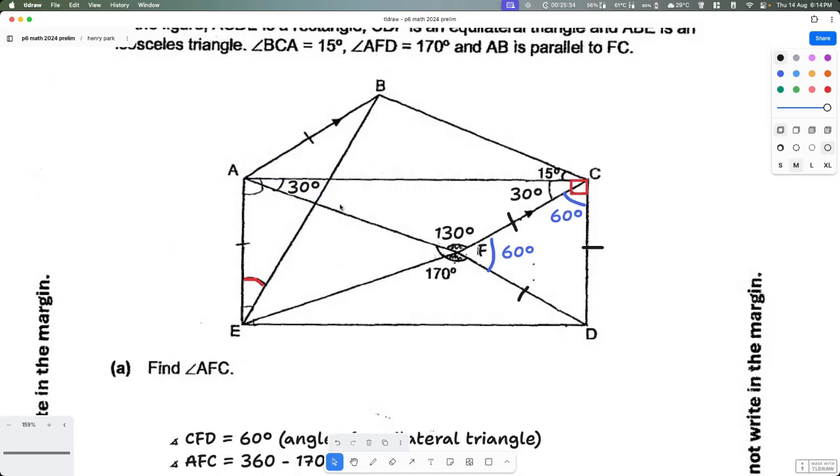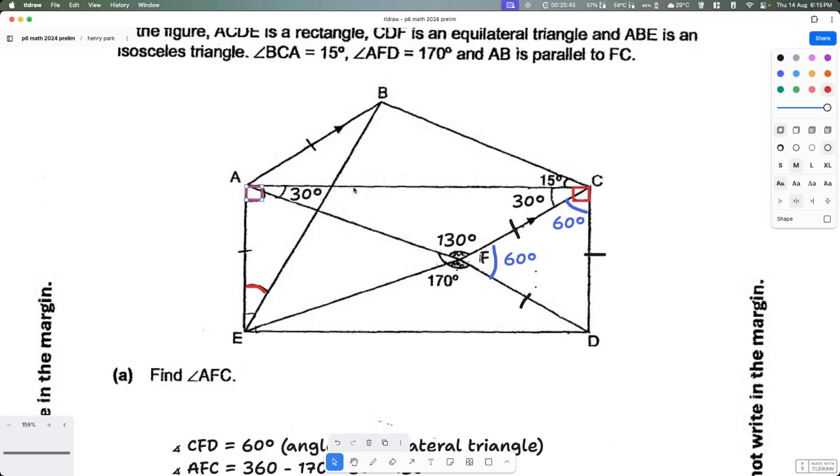And then we also know that this is 90 as well. I'm going to put this red over here. Okay, so we know this is 90. At the same time, we also can get this one, BAF, because for 130 these are parallel, right?